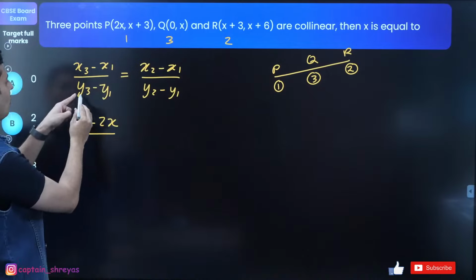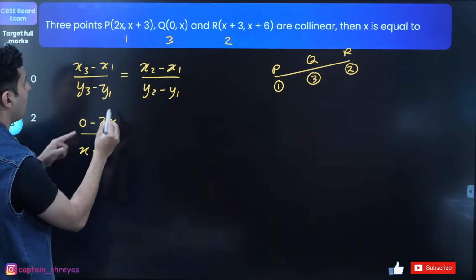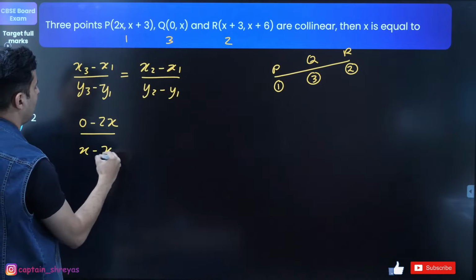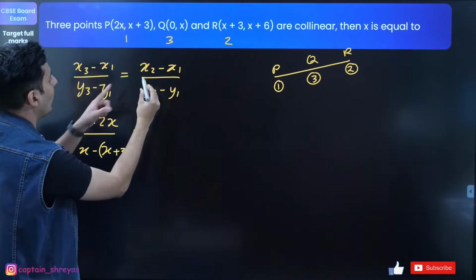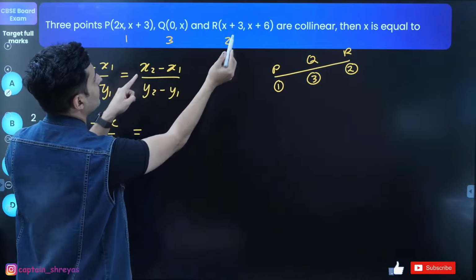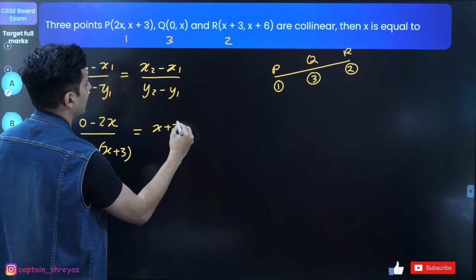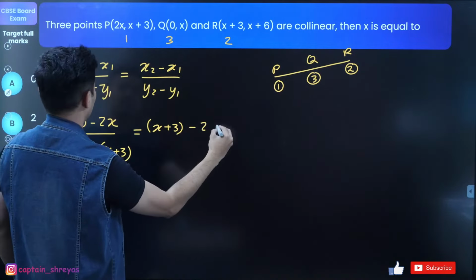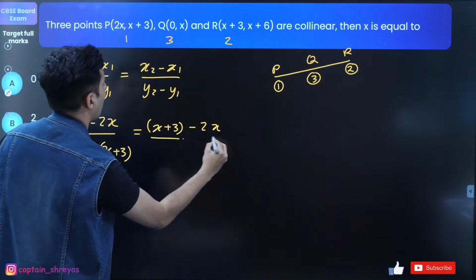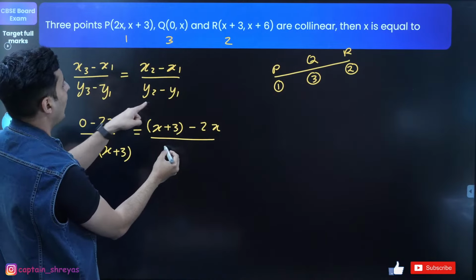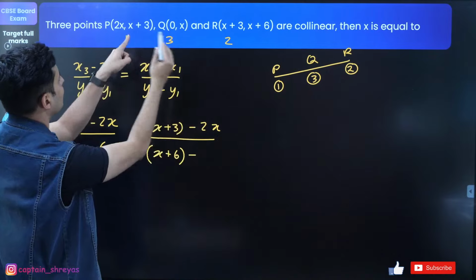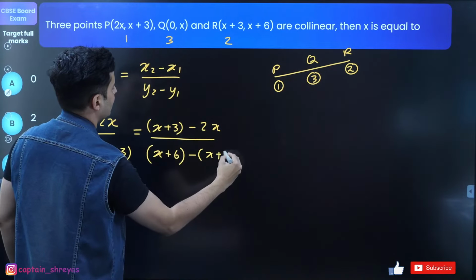So y3 minus y1 is x plus 3, equal to (x2 minus x1), so x plus 3 minus 2x, upon y2 minus y1, so x plus 6 minus this x plus 3.